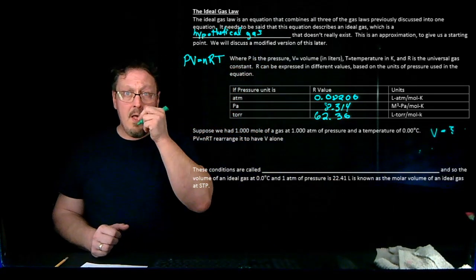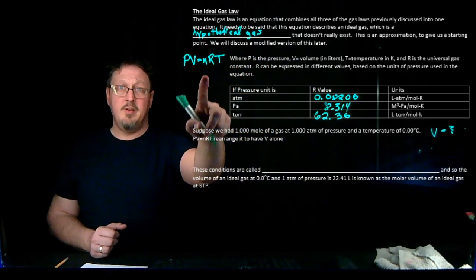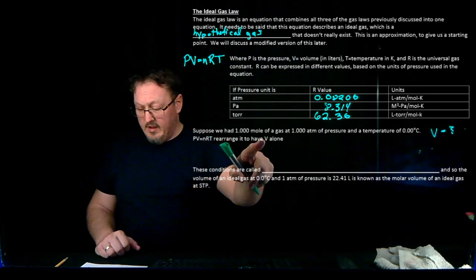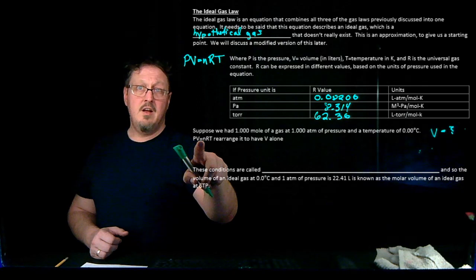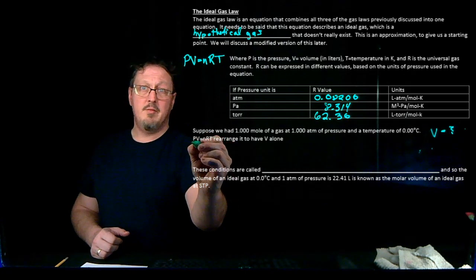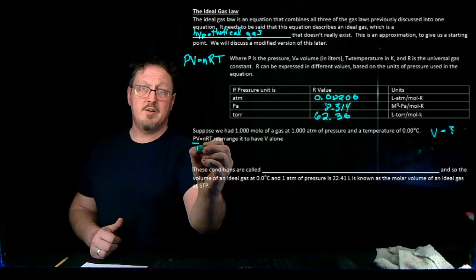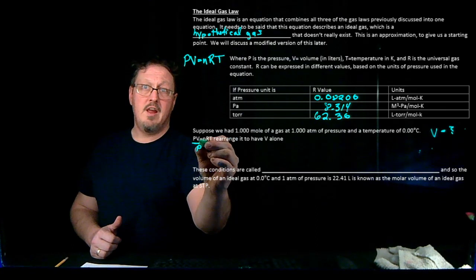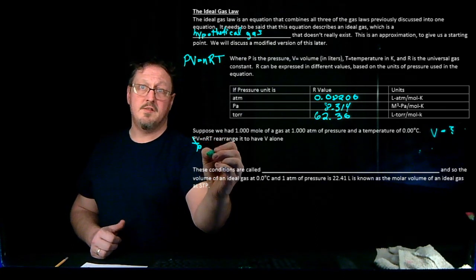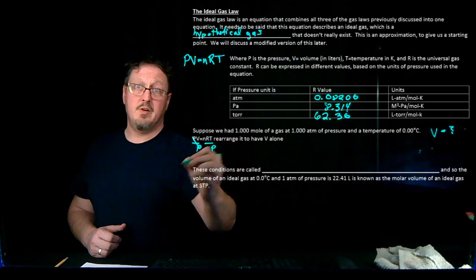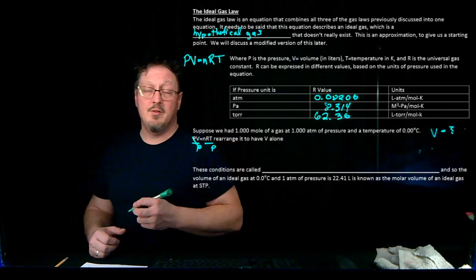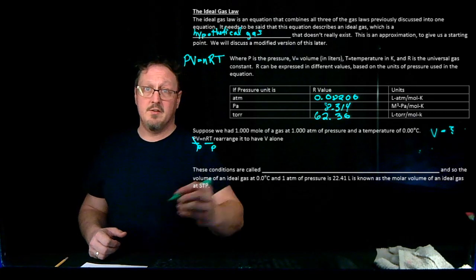We're going to use PV equals nRT, but here we're going to rearrange it so that we can get the volume alone. If I have PV equals nRT, I'm going to divide this side by pressure, and cancel off my pressure units because they're the same. Then I'm going to divide the other side by pressure, because what I do to one side of the equation, I have to do to the other side.